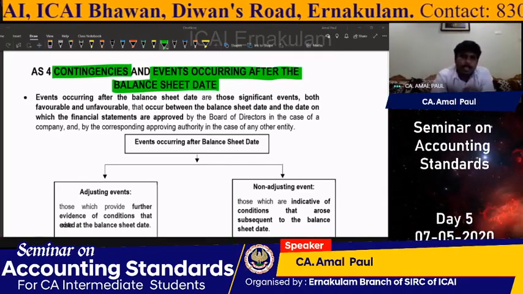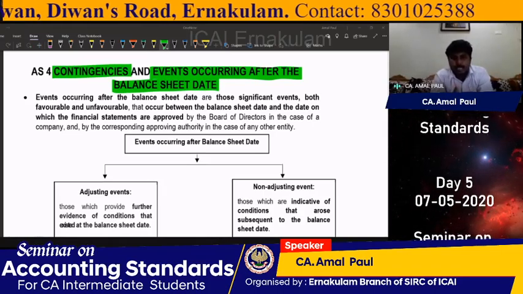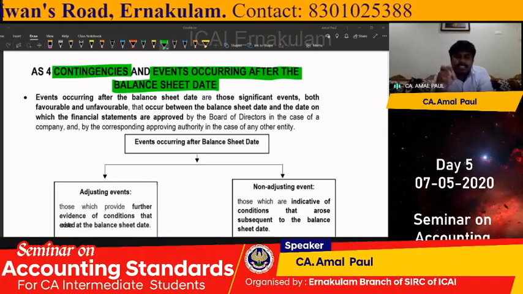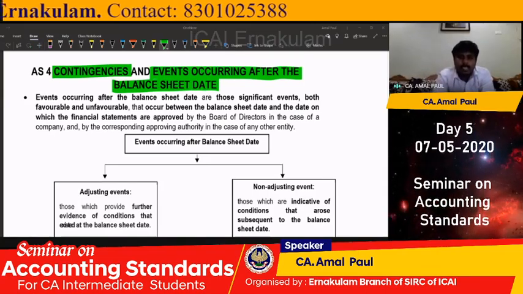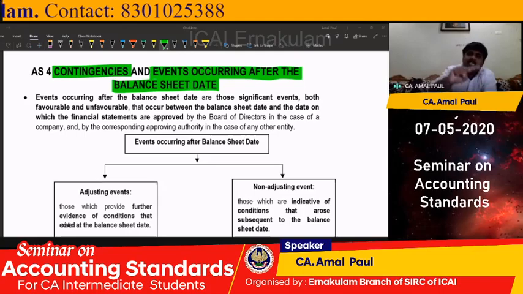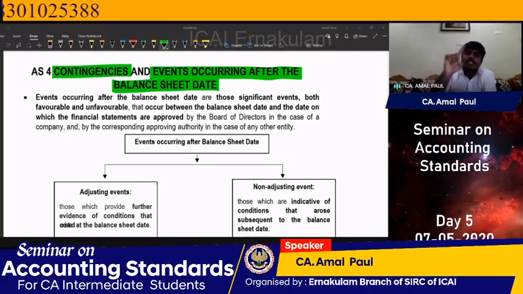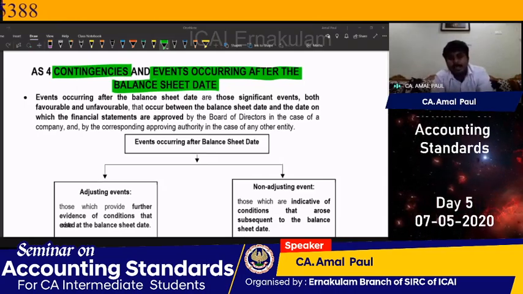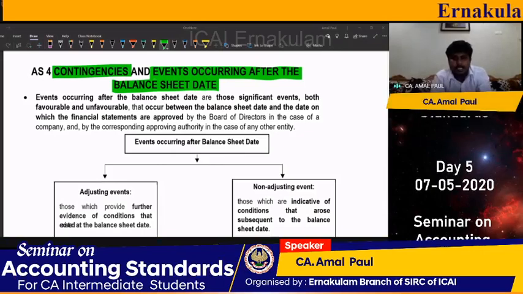But consequent to the introduction of AS 29, the scope of this standard is limited to events occurring after the balance sheet date only, because the contingency part is governed by AS 29, Provisions, Contingent Liabilities and Contingent Assets.